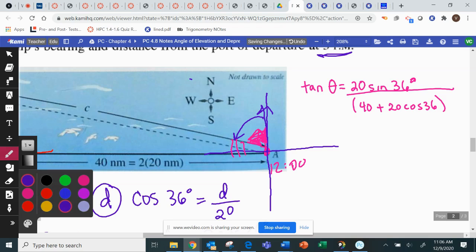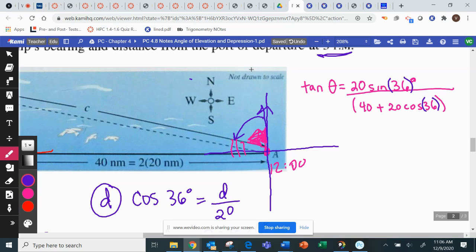Now, if I'm doing that on my calculator, it will put extra parentheses in, so keep that in mind. And if I'm doing that on my calculator, I do have to do tangent inverse to get theta by itself.